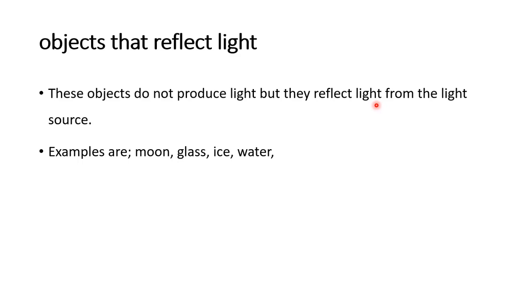That's it, bend back or bounce off from the light source. Other examples are glass or mirror, ice, and water. These are some of the objects that reflect light.